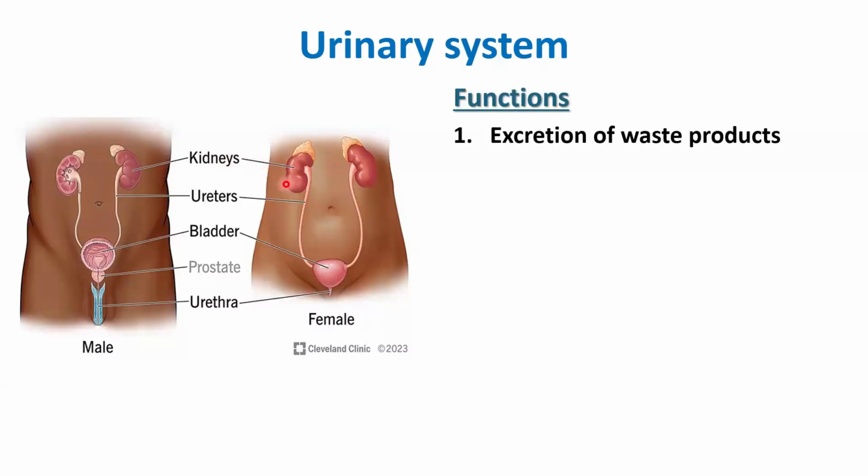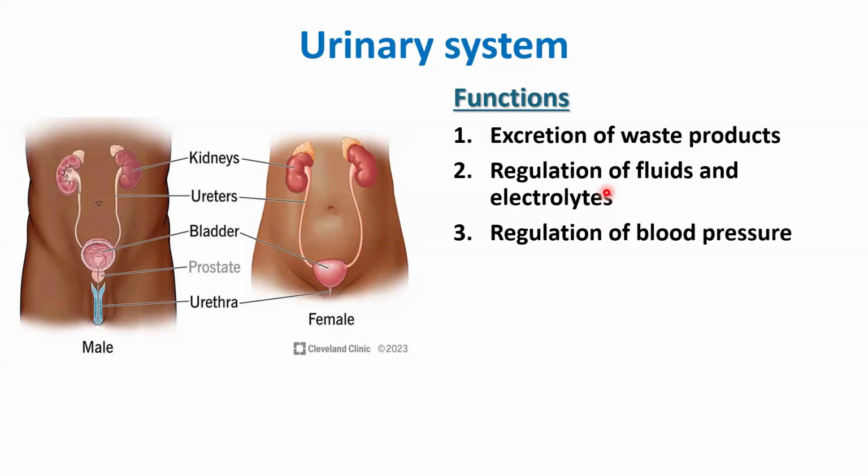So the functions of the urinary system: one, excretion of waste products, as we talked about with the kidney. Two, regulation of fluids and electrolytes, that is homeostasis. Three, regulation of blood pressure. As you will see, most people who have issues with their kidney usually have issues with their heart.